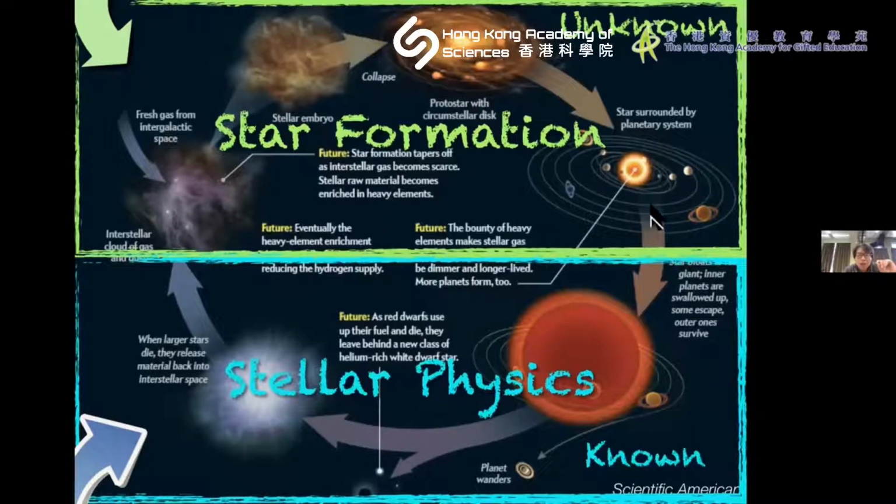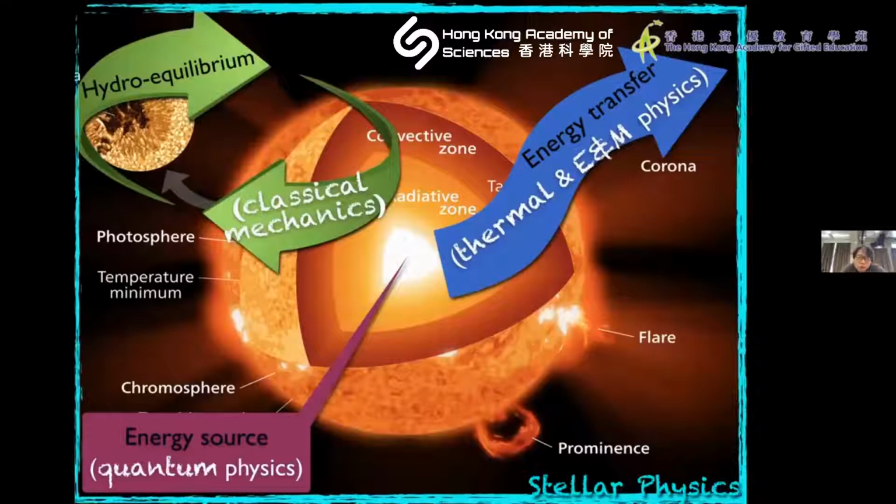Okay, so if in the future you go to study in a university department of physics, you are going to learn all the physics you need to explain the life of a star, which is stellar physics. You are going to learn quantum physics, which explains how the energy can be released from the center of the star while they are forging lighter elements into heavier ones.